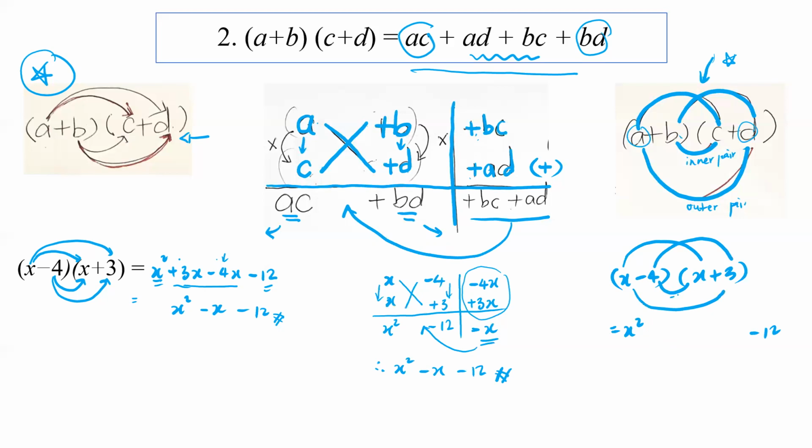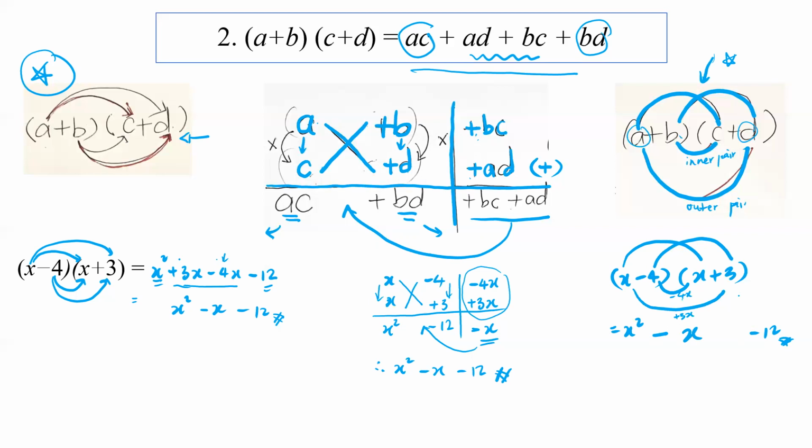The inner pair is negative 4x. The outer pair is positive 3x. From here, we straight away find the sum of it. Different sign, find the difference. The difference is 4 and follow the big boss. The 4 is bigger, carry negative. So our answer is negative x. Same answer as the first two methods.